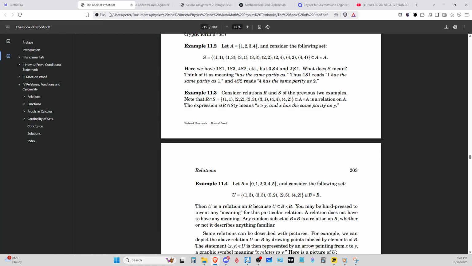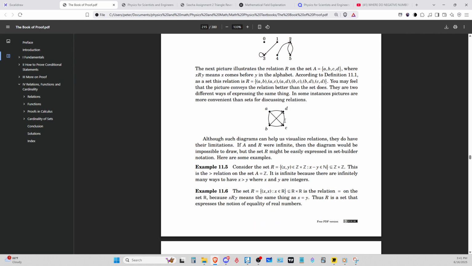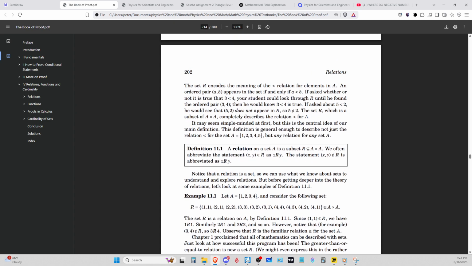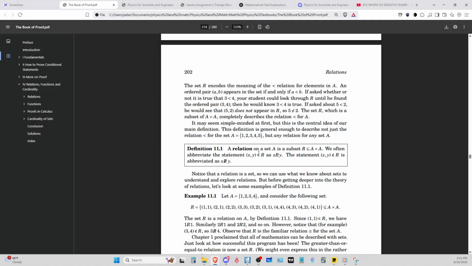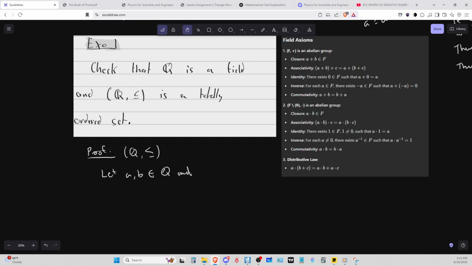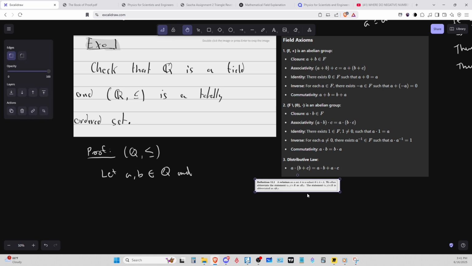Let me just drag this over here. Maybe we should find the definition of a relation, that way we can remember it better. Paste.